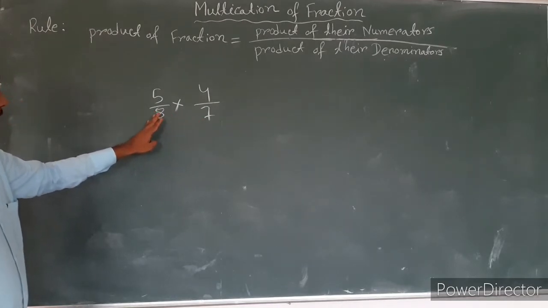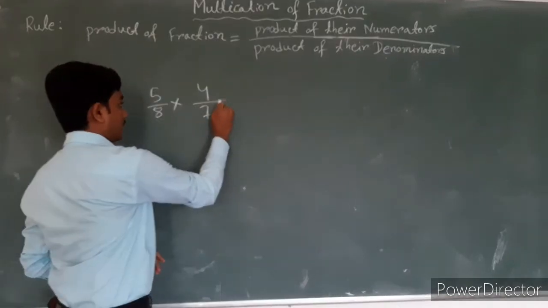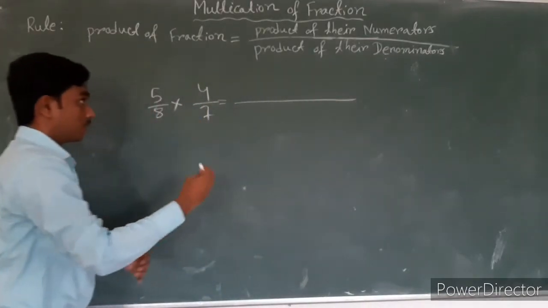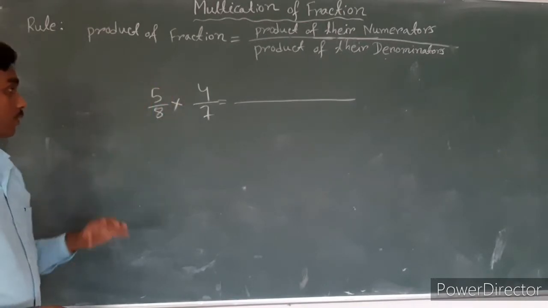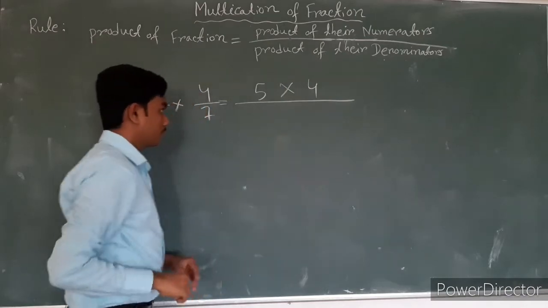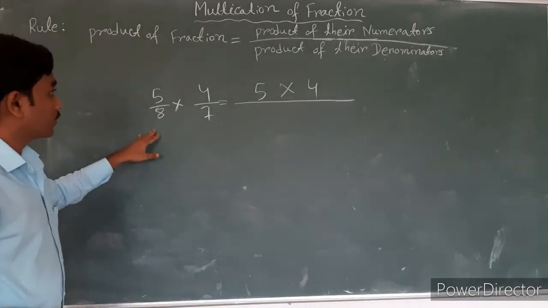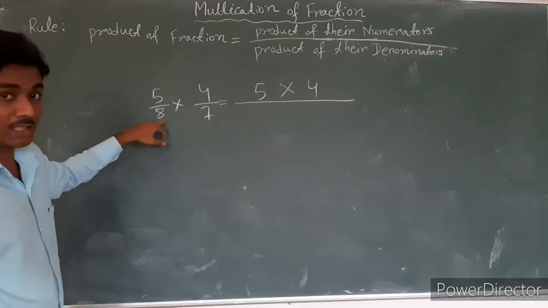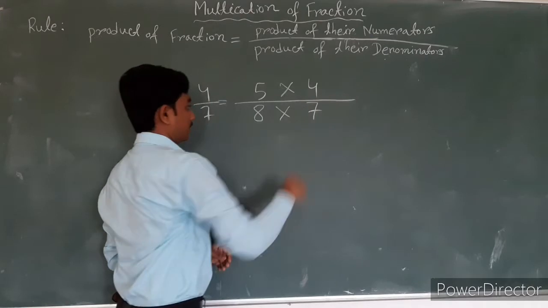So when we multiply two or more fractions, first we write the product of the numerators. Which are the numerators? 5 and 4. So 5 multiplied by 4 upon the product of their denominators. Which are the denominators? 8 and 7. So 8 into 7.